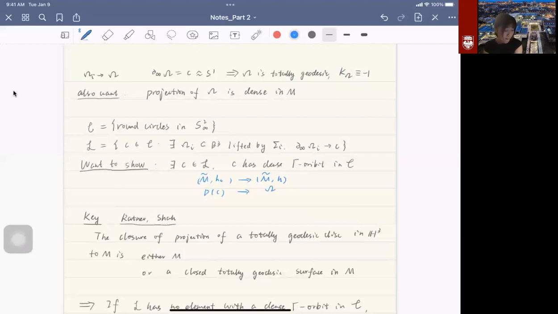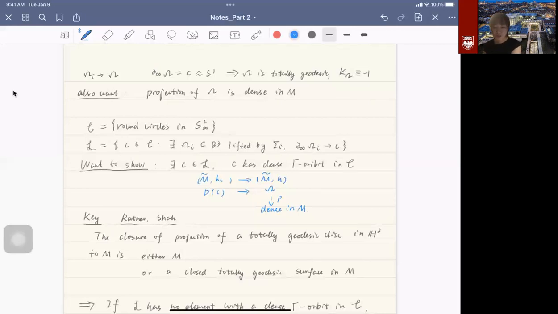Okay, and consider the projection in M. If we have this result, then the projection of D of C must be dense in M. So under the map, the projection of omega is also dense. And it is totally geodesic, and it is also hyperbolic.